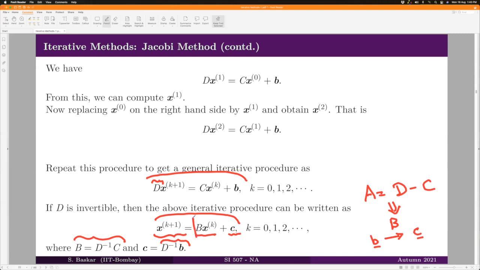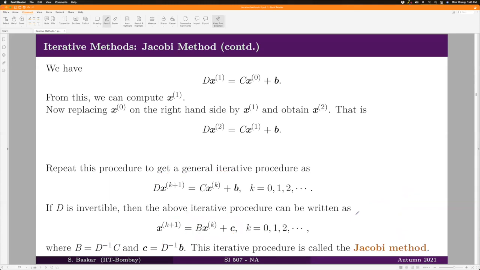Therefore, the right hand side is fully known to you, and hence every term in the sequence xk can be explicitly computed by choosing the initial one, that is x0, as per your choice, whatever it may be. It's okay. Once you choose and fix it, correspondingly, you will get a sequence.